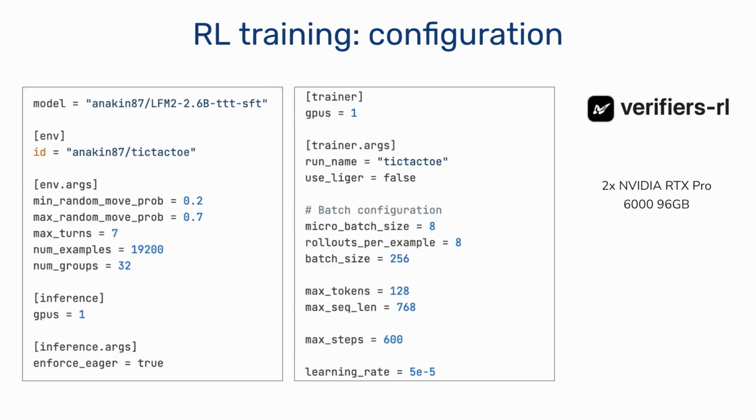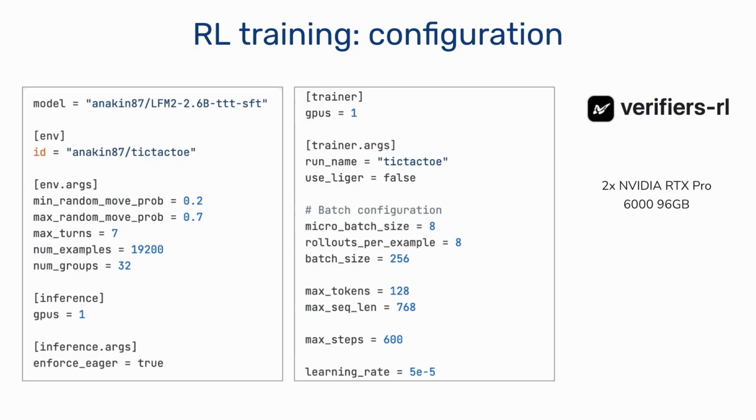As we generally do in GRPO, we use one GPU for inference and another one for training. Another important point is the batch size. In this case, I used 256. It's important to have this value not very low, because this is the number of games before we apply a model update.